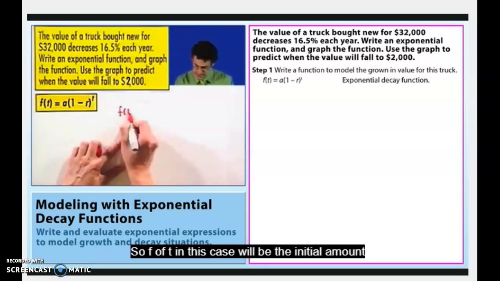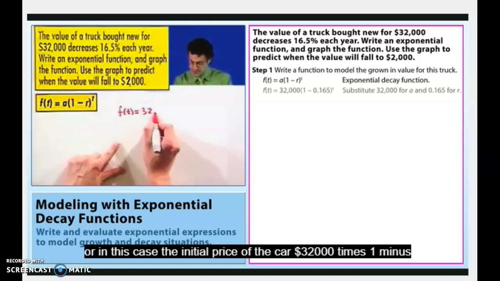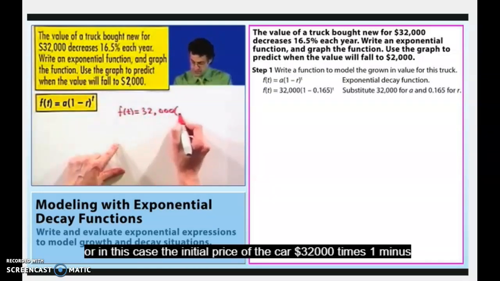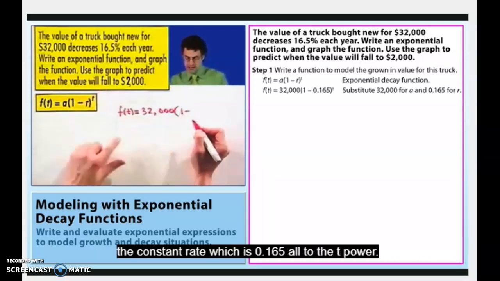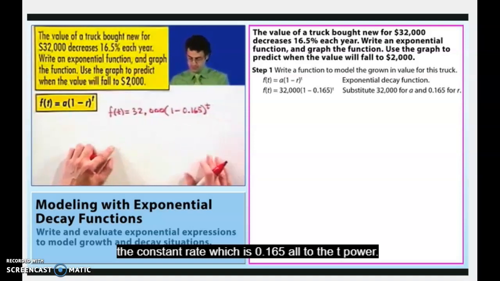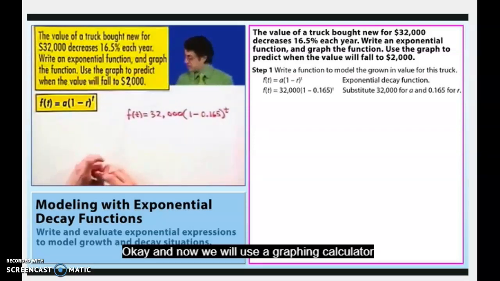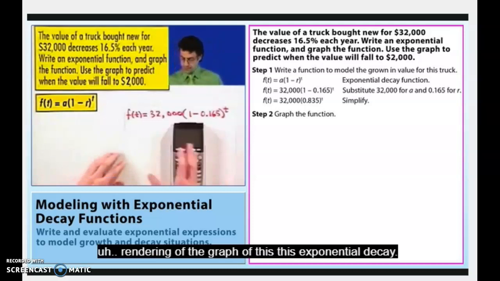So f of t in this case will be the initial price of the car, $32,000, times 1 minus the constant rate, which is 0.165, all to the t power. Okay, and now we'll use a graphing calculator to produce a fairly accurate rendering of the graph of this exponential decay.